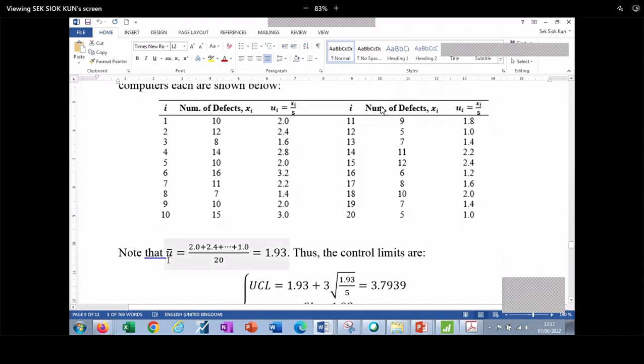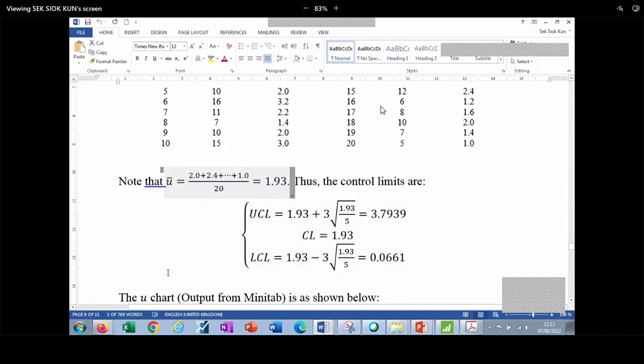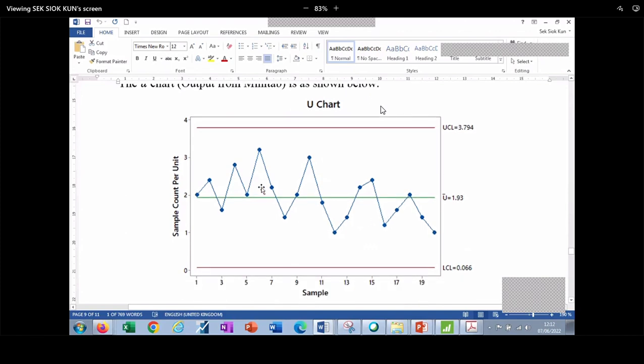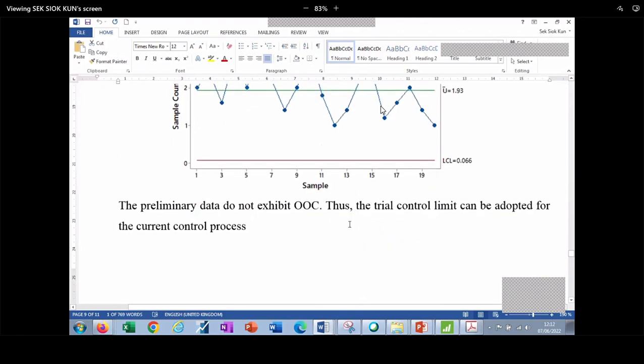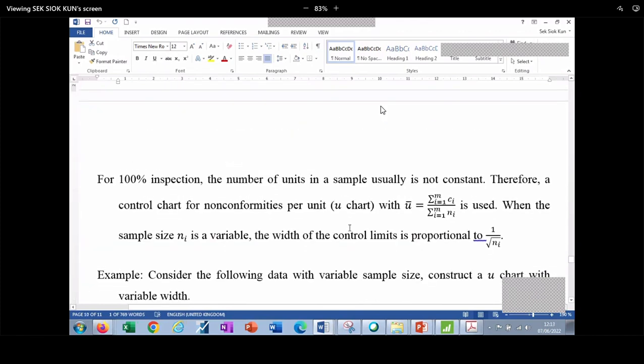And then to calculate U bar, we sum up all the ui and divide by the total number of subgroups, 20. And then these are the formulas to calculate the control limits. So from the plot here, everything looks good, in control.